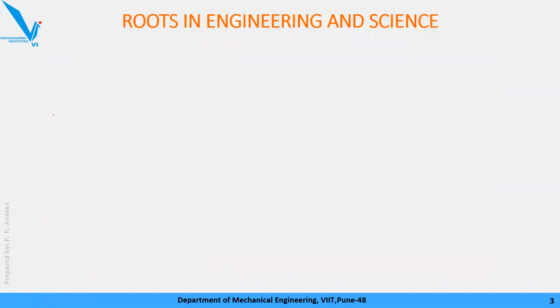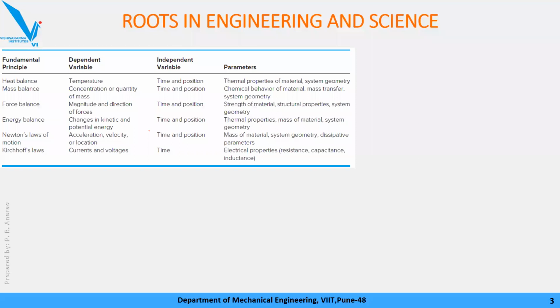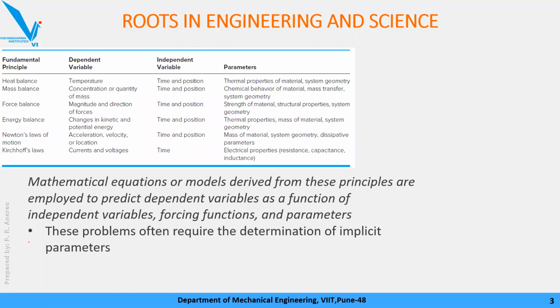Moving ahead, roots of equation in engineering and science problems. As an engineer or a scientist, we always deal with design problems or some kind of analysis problem. In plenty of cases we have some governing equation or mathematical model with us.